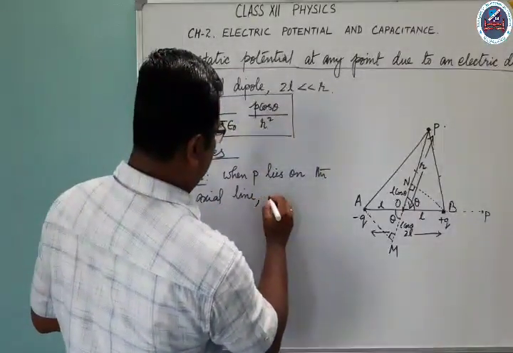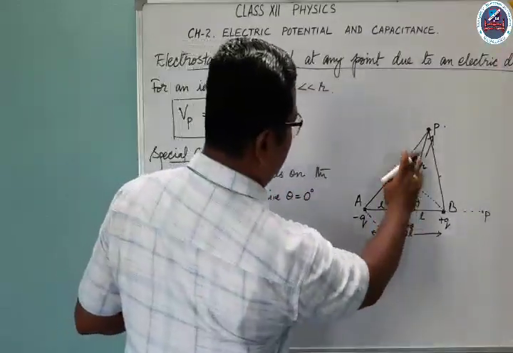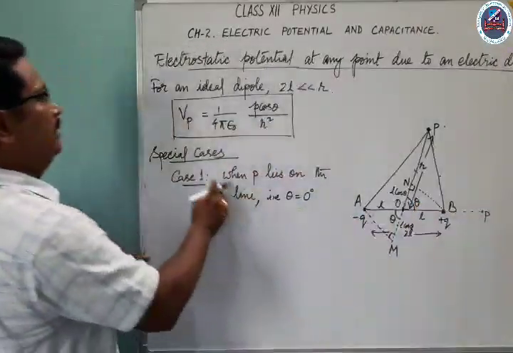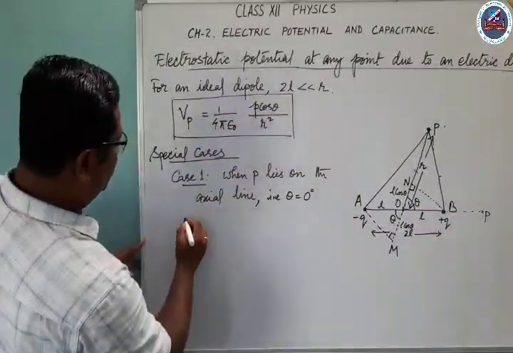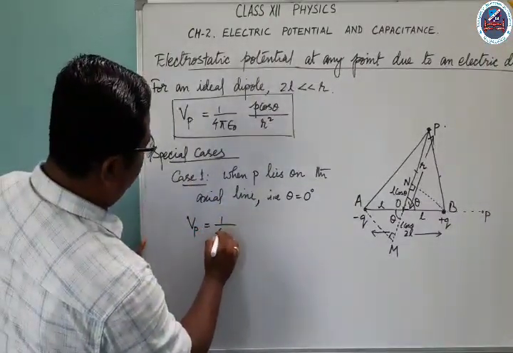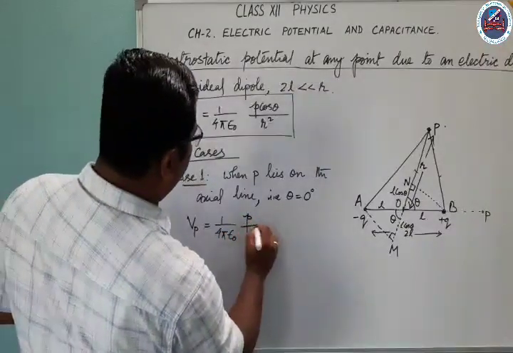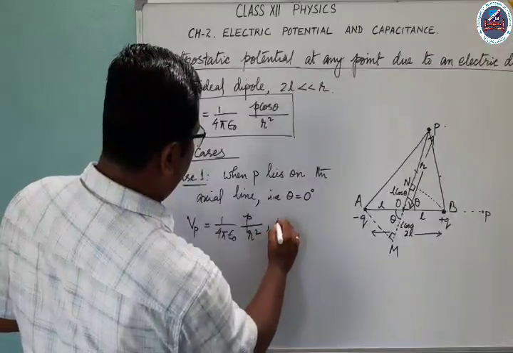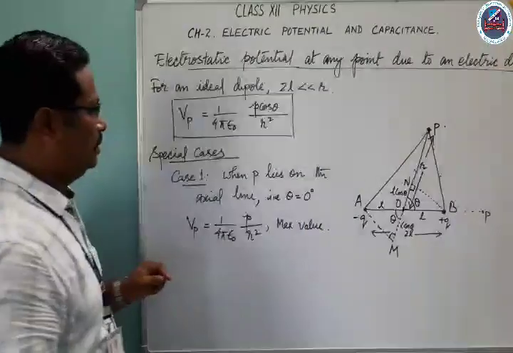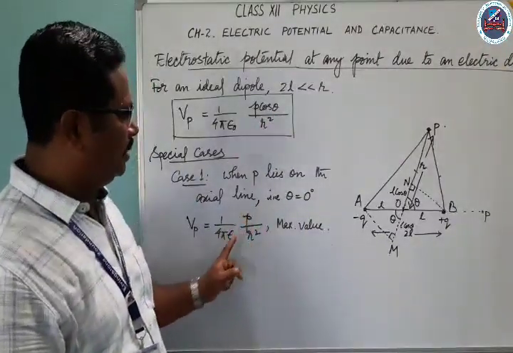That is theta is equal to 0 degree. If it comes like this, P, then theta will become 0 degree. And if theta is equal to 0 degree, then you will get the maximum electrostatic potential, 1 by 4 pi epsilon naught P divided by R square, because cos 0 degree is equal to 1. So 1 into P will be P.